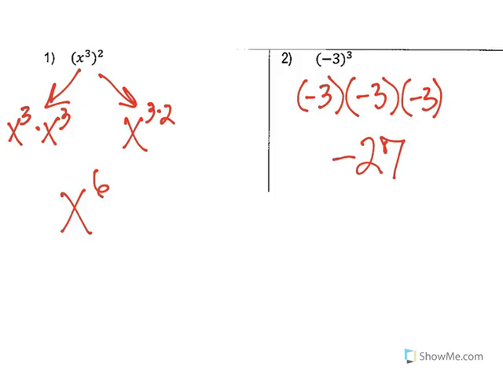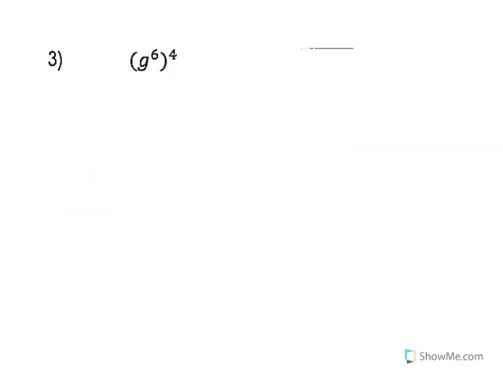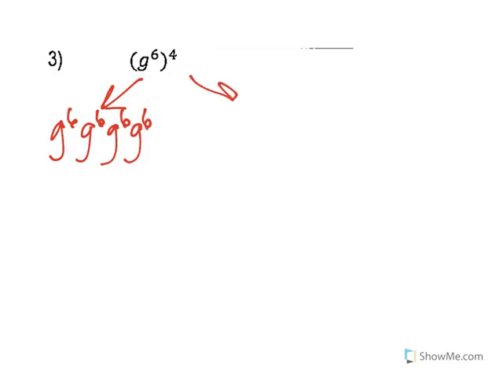Alright, so far so good. Alright, here we go. I have a g to the 6th, and I need to raise it 4 times. So again, option 1, I can write it 4 times. Option 2, you multiply.